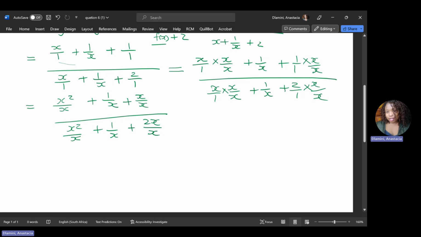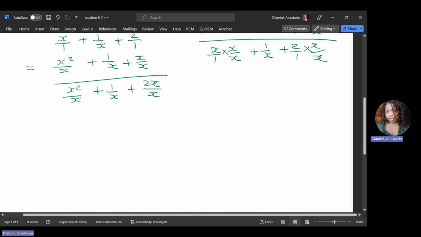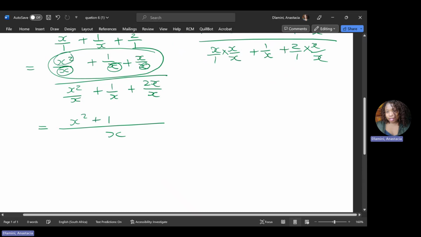Therefore, we can add the numerators. Let's start with the numerator of the entire expression. This equals X squared. We take the denominator the way it is, because the denominator is X, so we put X and then add X squared plus 1 plus that X over there.